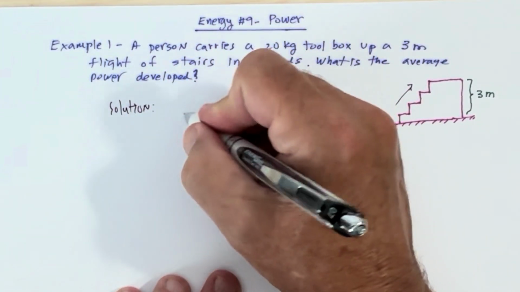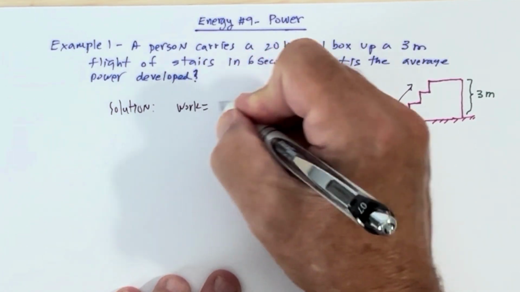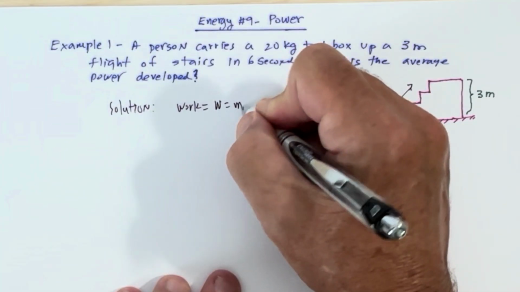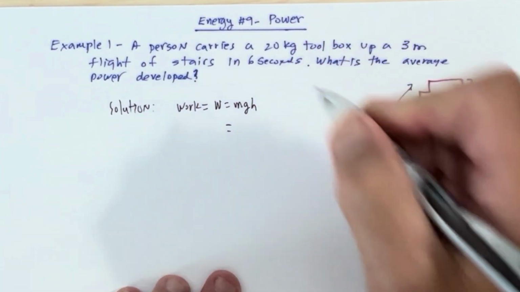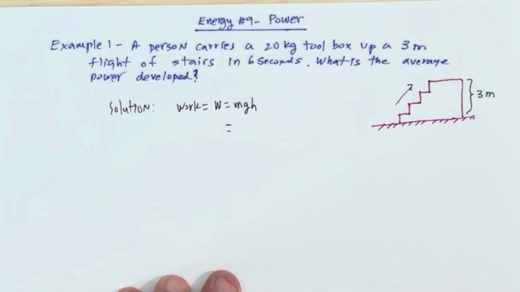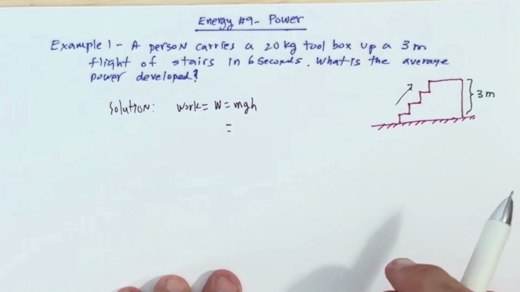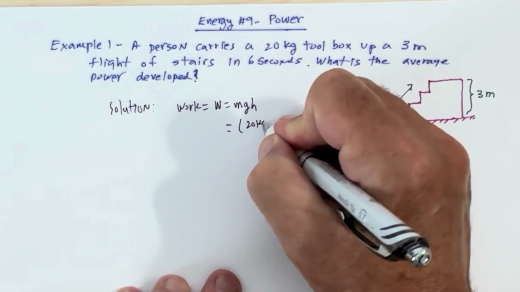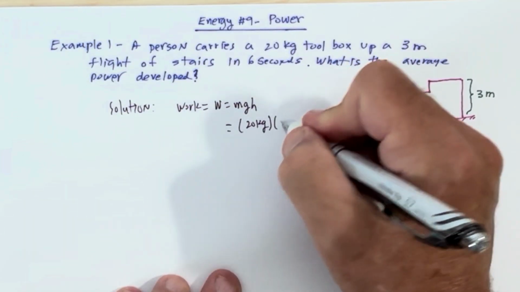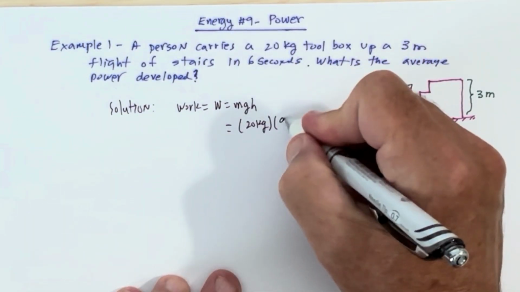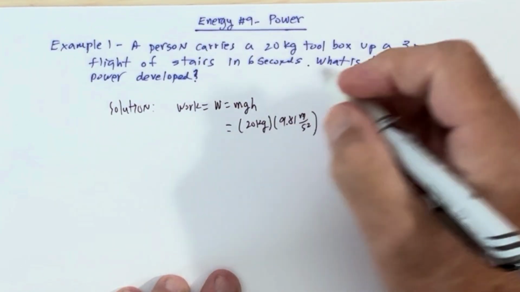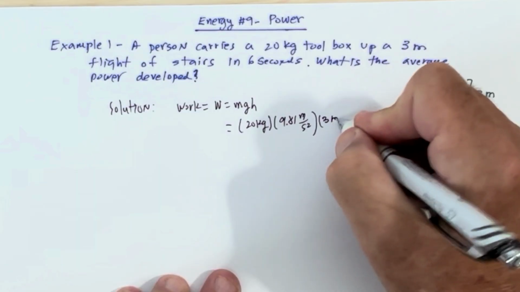So first of all, we know the work is equal just to the increase in potential energy, mgh, right? Because it's just taking the books up the stairs. We've looked at potential energy so far. The mass is 20 kilograms, and our gravitational acceleration is 9.81 meters per second squared, and our height is 3 meters.